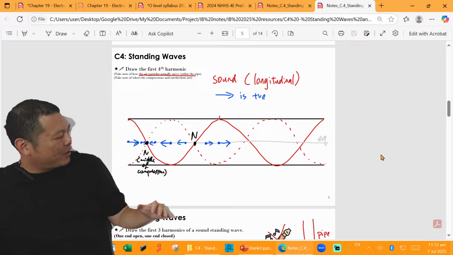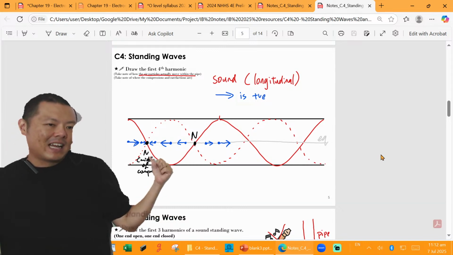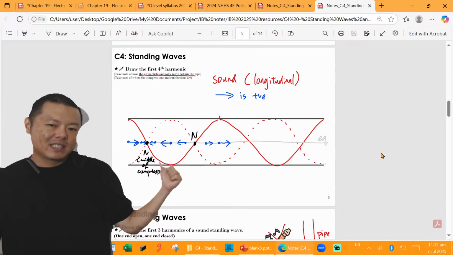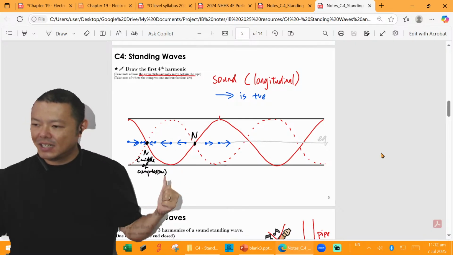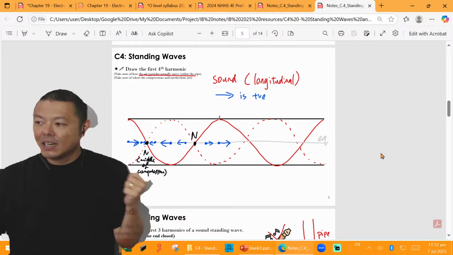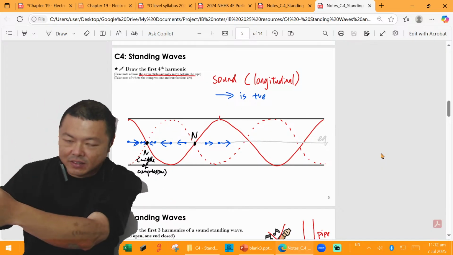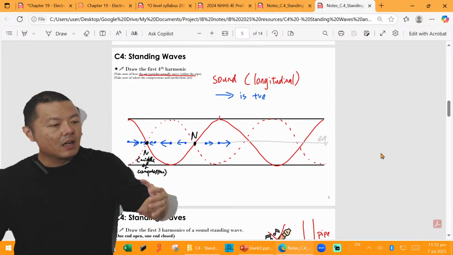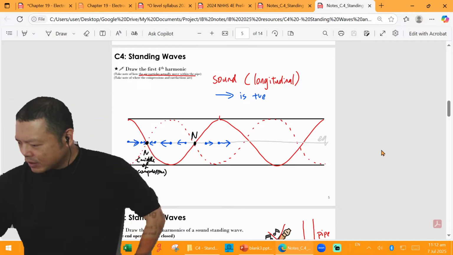I sort of ended off with it in the last lesson. One's longitudinal, one's transverse. That's the major difference.